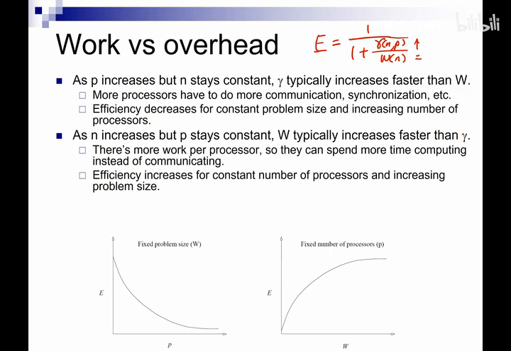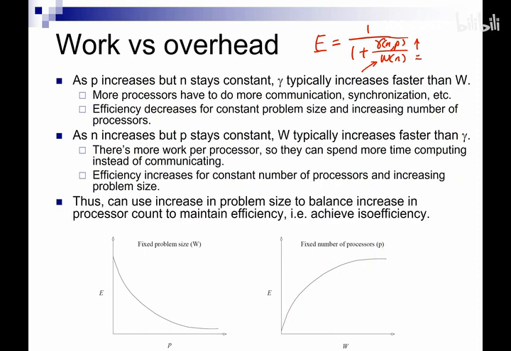And if W increases faster than gamma, then this fraction over here is going to decrease, and so your efficiency is actually going to increase. So this is what's being shown on the right over here. Here you fix the number of processors, but you increase W, and this is going to improve your efficiency.